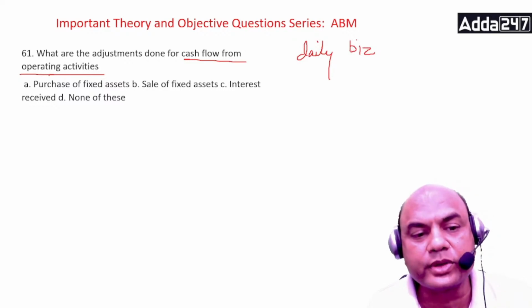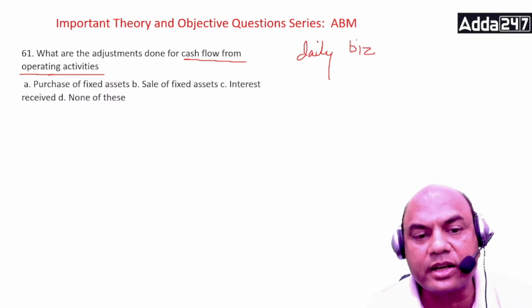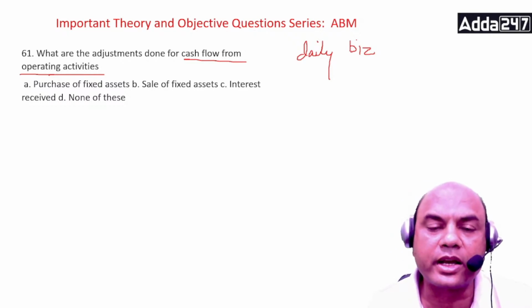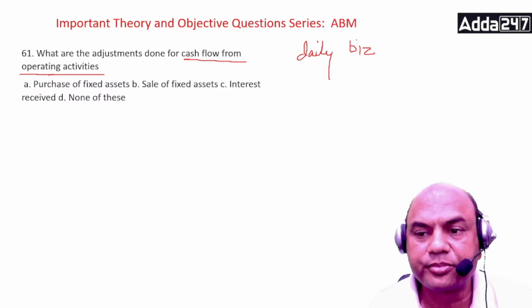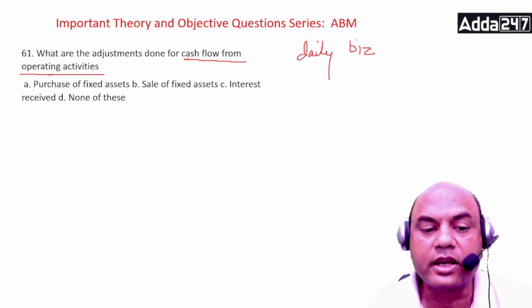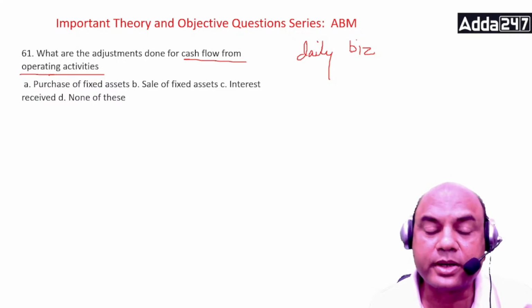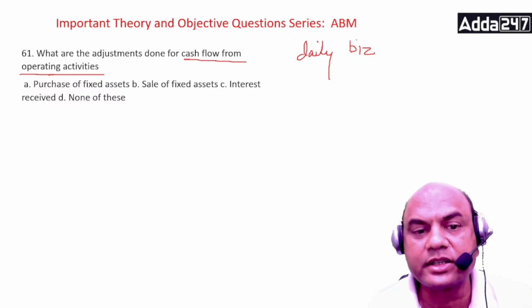So purchase of fixed asset, sale of fixed asset, interest received, none of these. Cash flow from operating activities, what does it refer to? Is it purchase of fixed asset, sale of fixed asset, interest received?